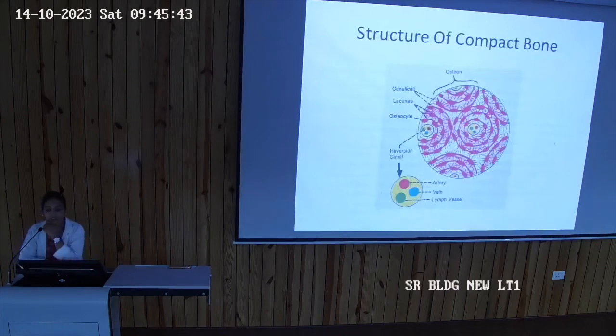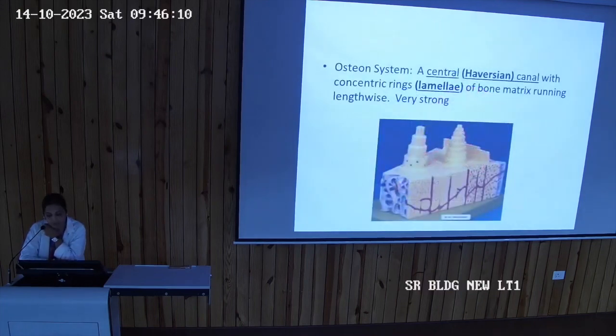Now what is the Haversian system? For that, we have to again discuss what is the Haversian canal. There is a canal running in the bone which consists of nutrient vessels, nutrient artery, vein, and it also has nerves. So a canal carrying the nerves and vessels, around which the lamellar structure is arranged concentrically, that system is known as the Haversian system.